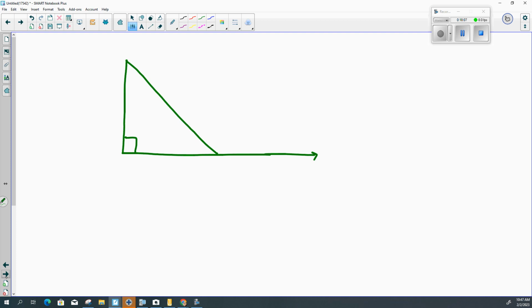They're not always 90 degrees, but this one's going to be. It doesn't have to be a right triangle, but I'm going to make it. I like right angles.